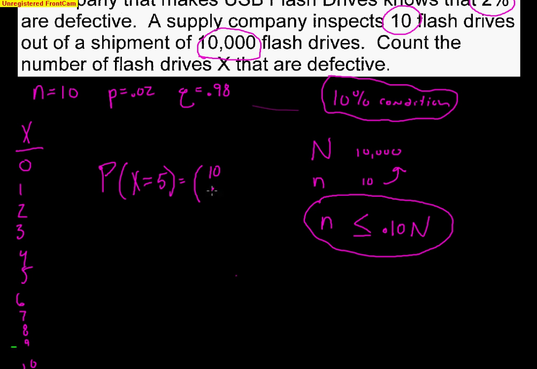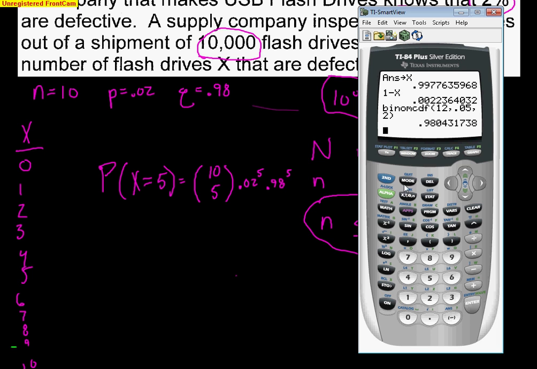Now the formula is going to look like this: 10 choose 5, and that would be 5 defective or 5 successes and 5 failures. Now remember, I want you to understand that formula, but I'm okay with you grabbing the calculator. Since I'm looking for exactly 5, I'm going to grab Binomial Pdf. Second vars, I'm going to grab Binomial Pdf.